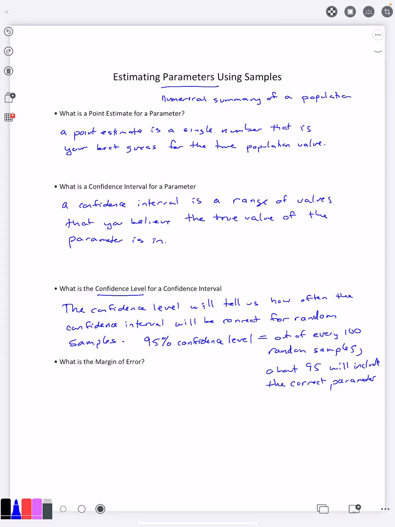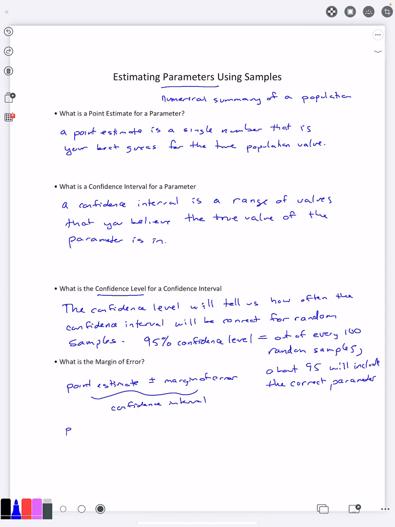Now, the last thing to talk about is the margin of error. The idea is you're going to have your point estimate, and then you are going to add and subtract some number, which is called the margin of error. Together this is going to be your confidence interval.